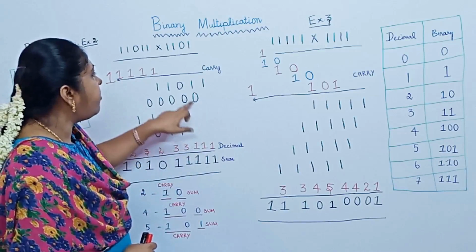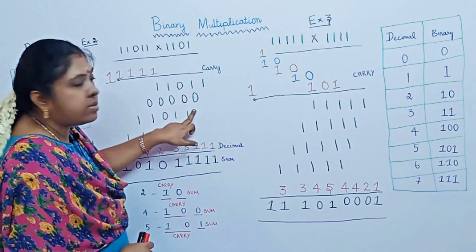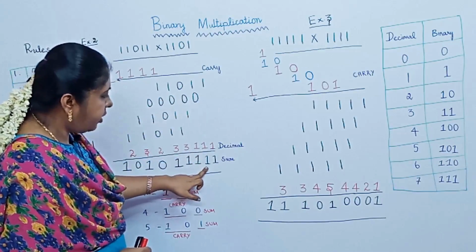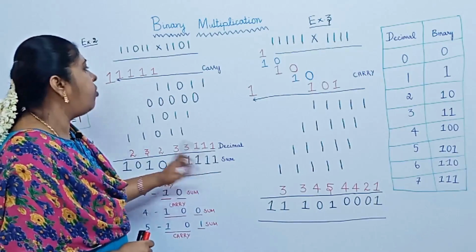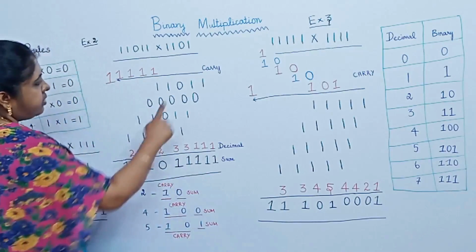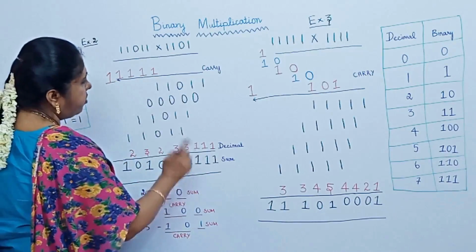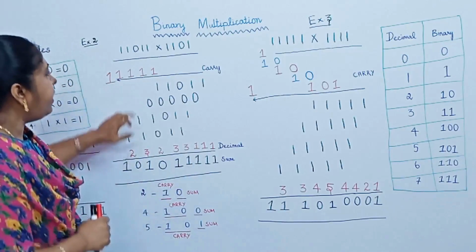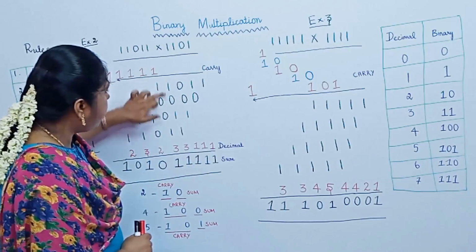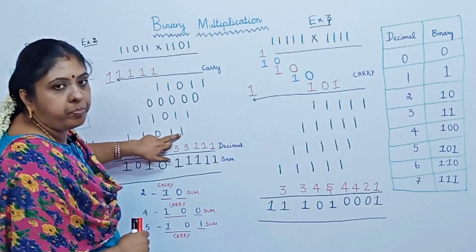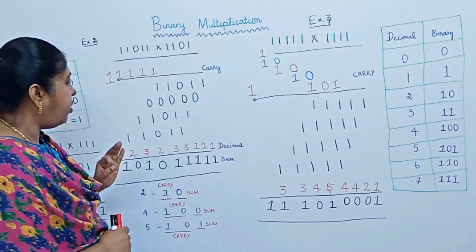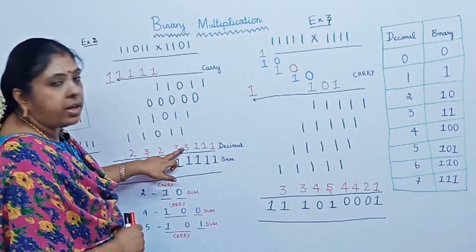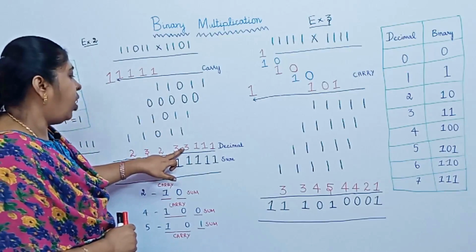And then in the next column, 1 plus 0, which is 1. Similarly, in the sum bit, the 1 is placed. Next, 0, 0, 1, 1, here the 1 is placed. Again in the next column, 1 plus 1, we are getting a decimal value 3. For decimal value 3, the binary value is 11.